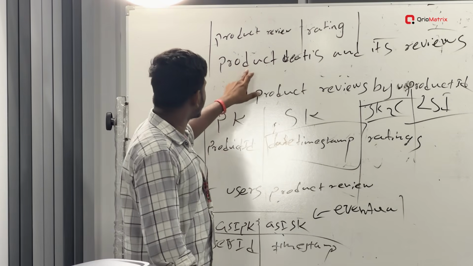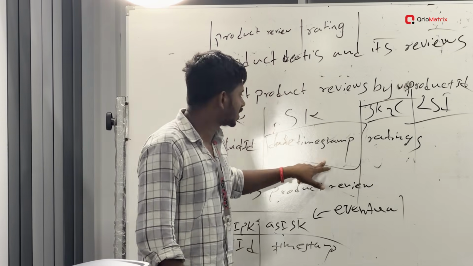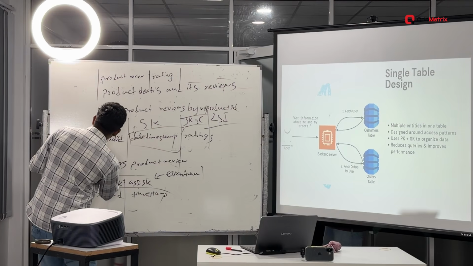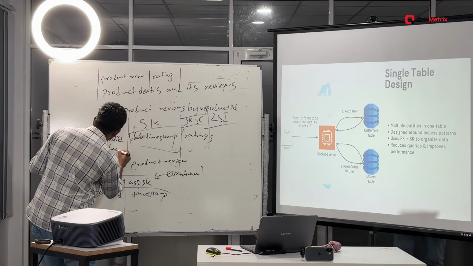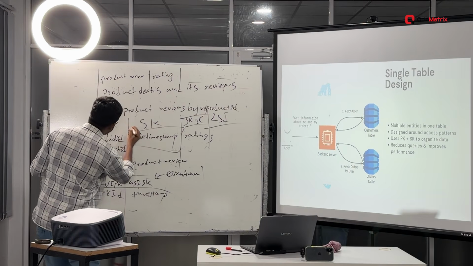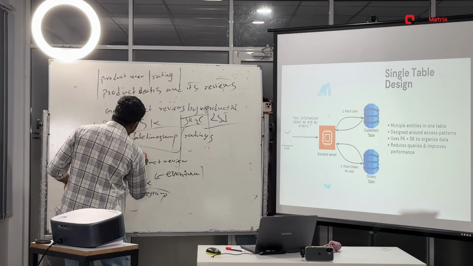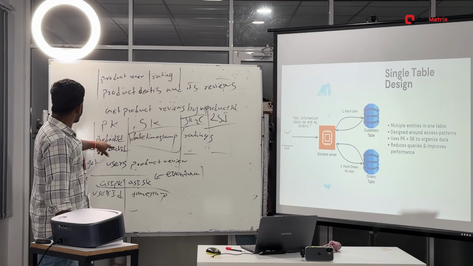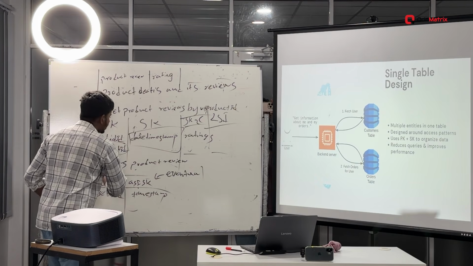But if we can store this product also inside the same table. So if we store this product ID as the partition key in the same table and its other details here, then when you're querying it from this product ID, what will happen?